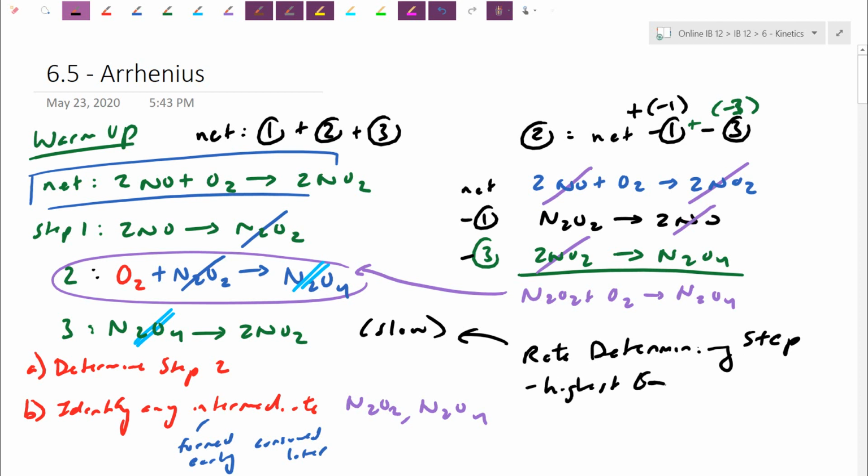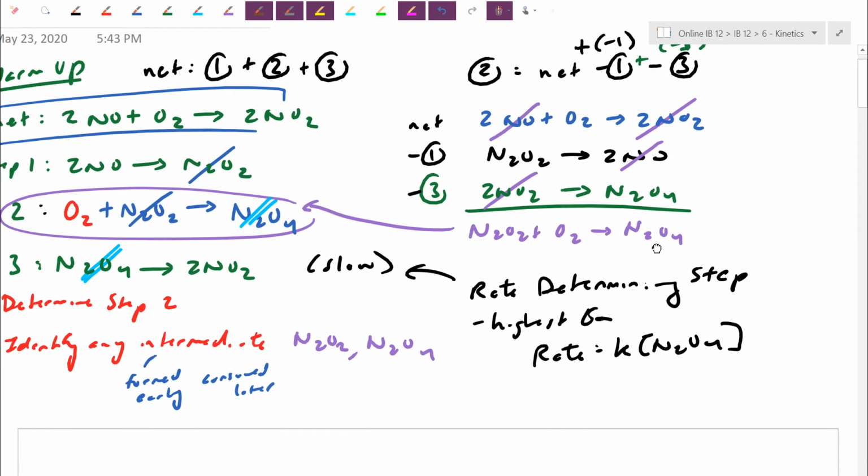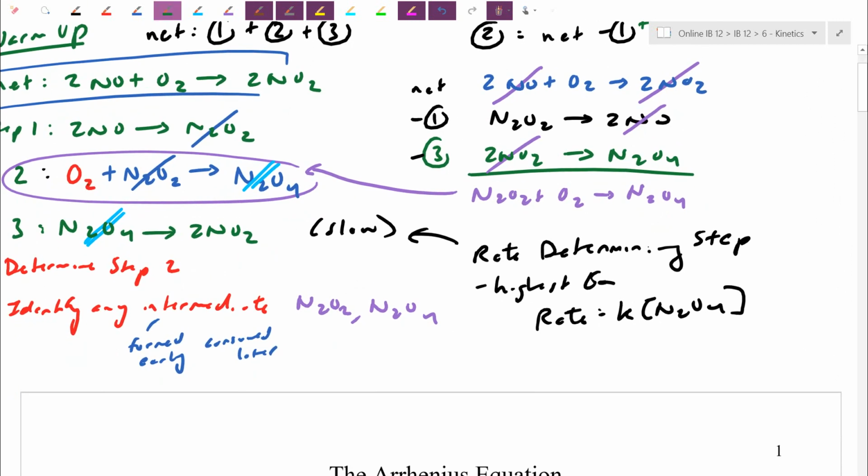And therefore, if I tried to find the rate law, even though realistically it has NO and O2 and things like that, it really only depends on the N2O4. I want to say something like rate is proportional to N2O4. Obviously, N2O4 here is an intermediate, so we need to backtrack and say, well, the N2O4 would have been made by O2 colliding with N2O2. So this becomes O2 and N2O2.